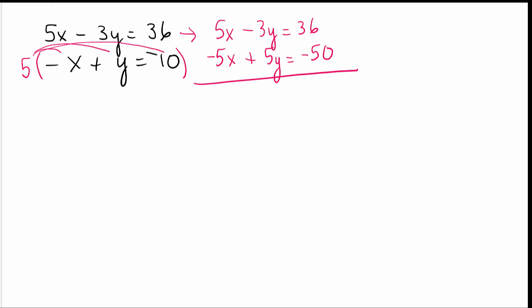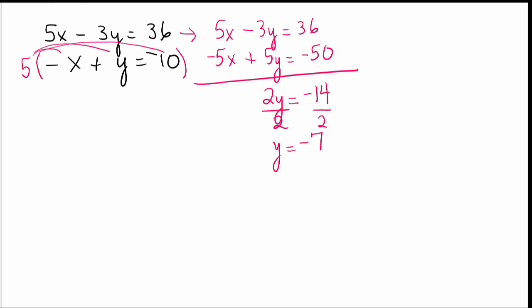And now we're going to add, and when we add the two equations down, as you know, the x's give us 0. And that's why we chose that 5, because we wanted a 0x here. And then for the y's, we get 2y, and then a negative 50 added to a 36 is a negative 14. And now we're going to divide by 2, and so my y equals negative 7. Okay, so now I get to choose which equation I want to substitute y equals negative 7 into to solve for x.